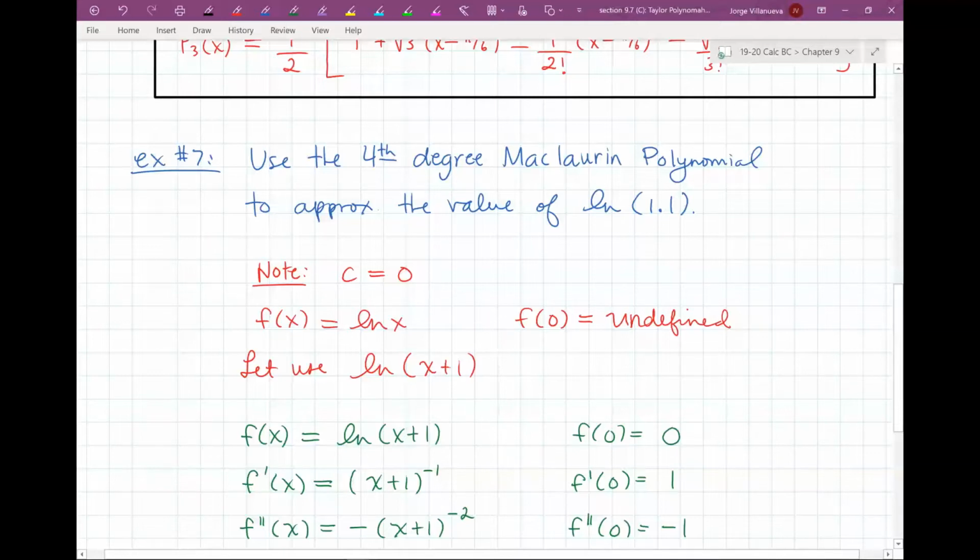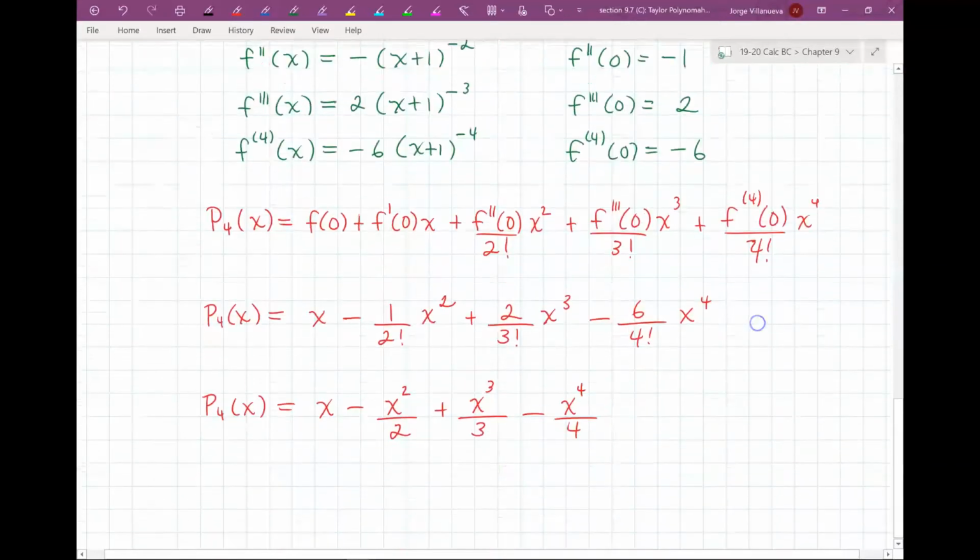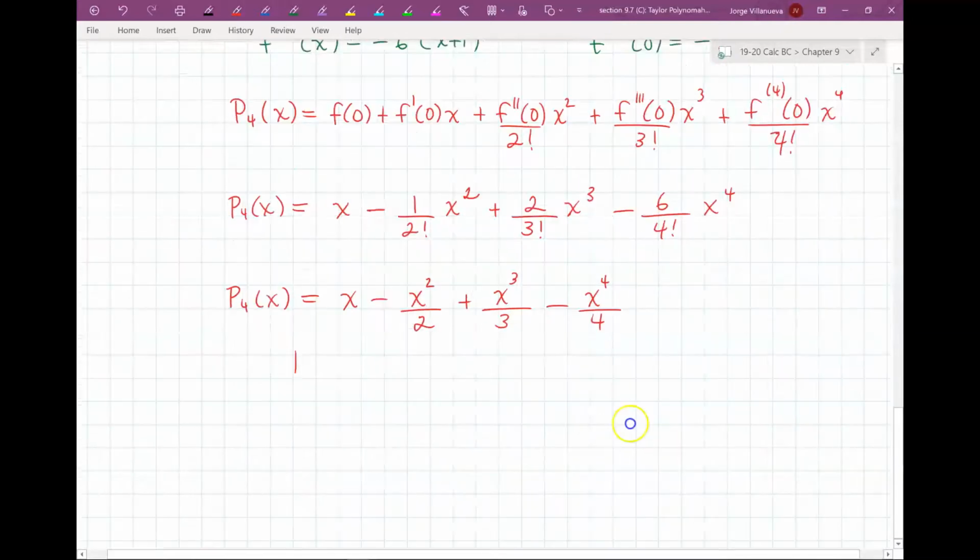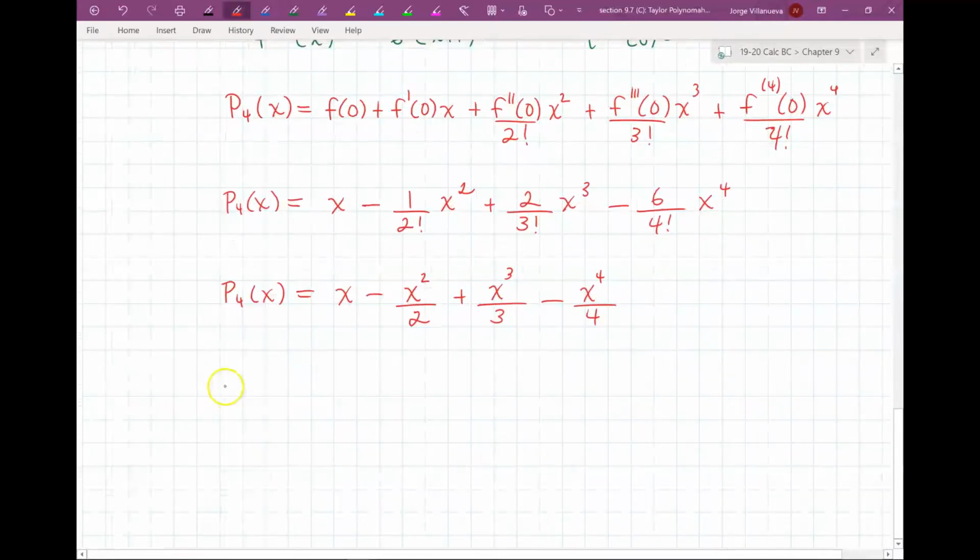So what I'm going to do is just go p sub 4 of 1.1, because this is approximately ln of 1.1. So I just got to plug it in, right? So 1.1, let me just put this right here.